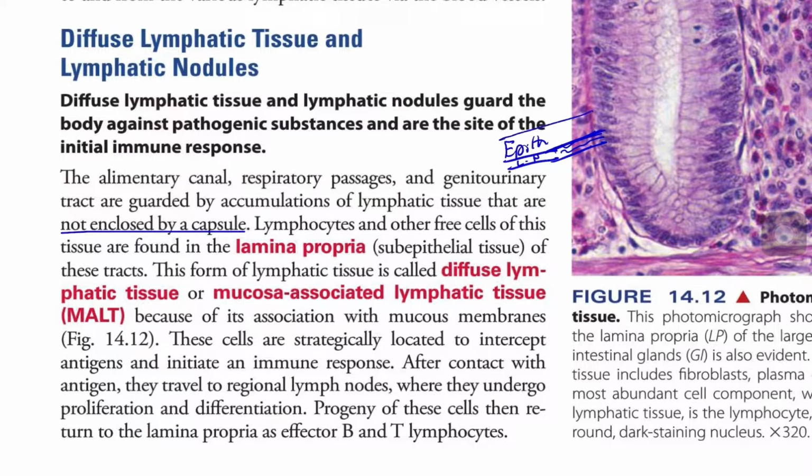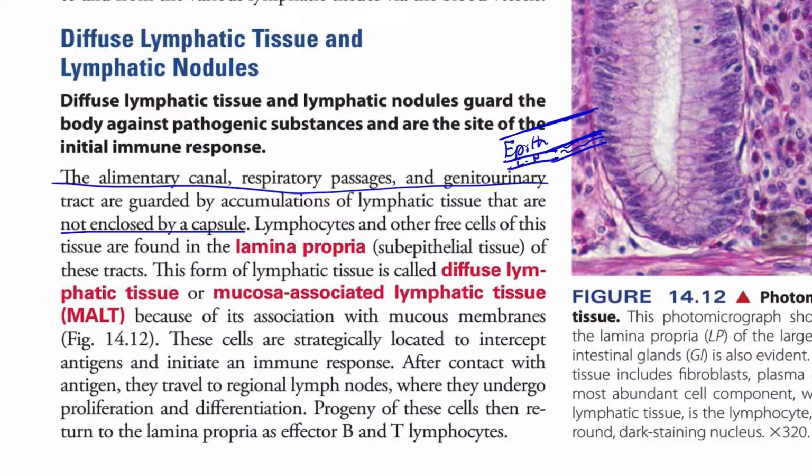So we have the epithelial cells in those areas of the body: the alimentary canal, the respiratory passages, the genitourinary tracts, etc. So wherever there is mucosa and there is lymphatic tissue, that part of the body is acting as an immunity tissue. So it is called the mucosa associated lymphatic tissue.